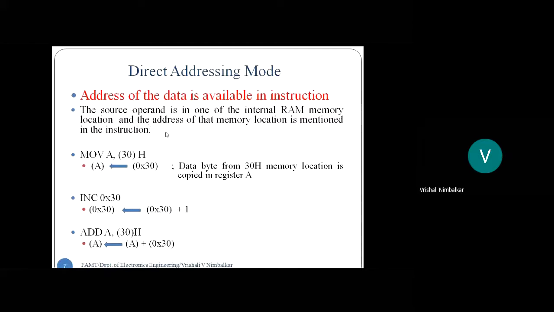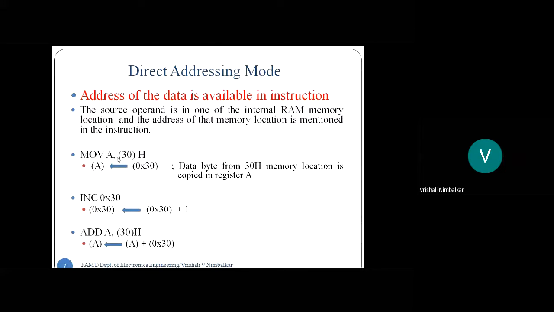Okay. So the first example, MOV A, 30 hex. Now look here, that hash is missing. It means whatever number you have written is an address. MOV A, 30 hex. 30 hex is an address. If there was a hash, 30 hex would become data. That hash is not there, so this becomes an address.